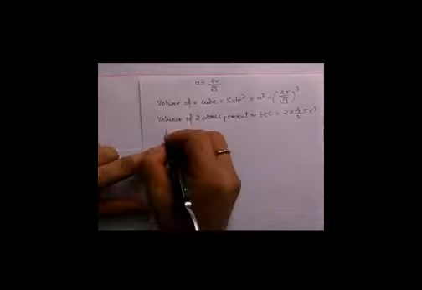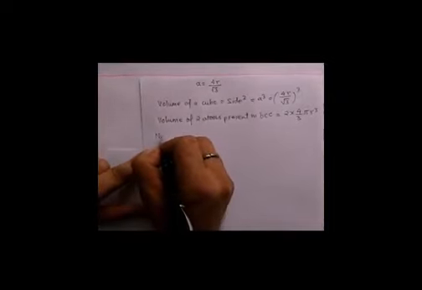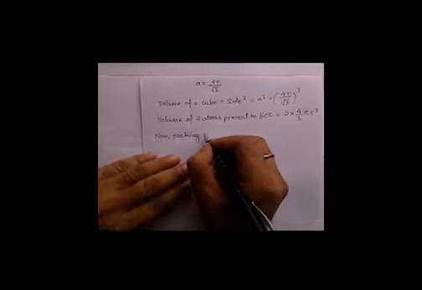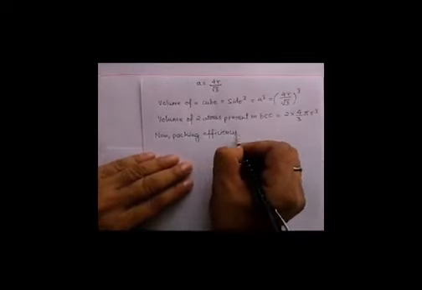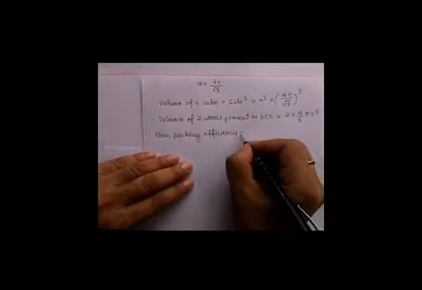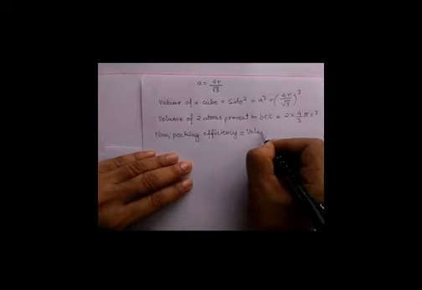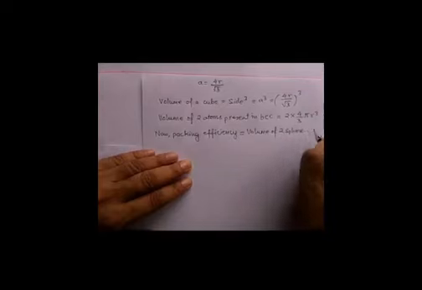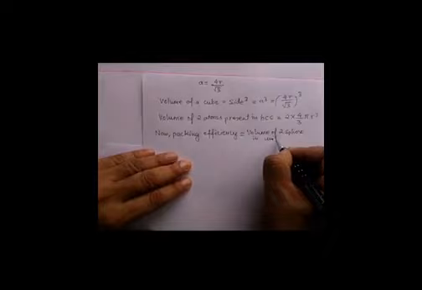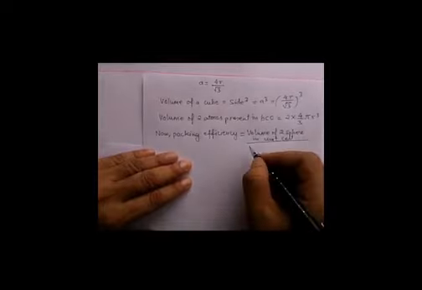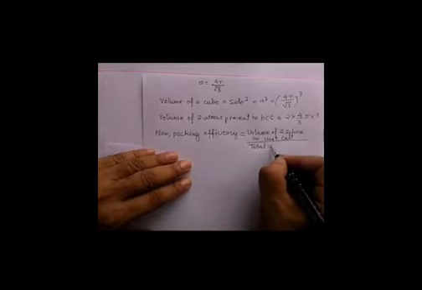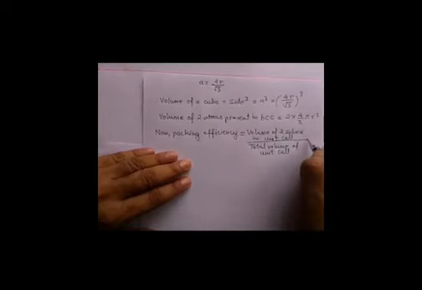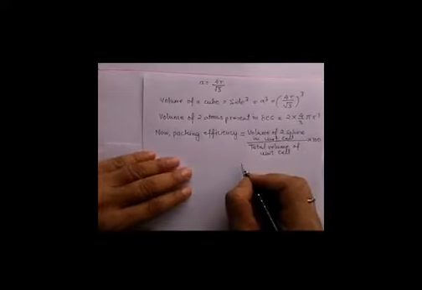Now let's calculate packing efficiency. Packing efficiency is the volume of the net cell divided by the total volume of the cell, multiplied by 100, because this is a percentage.